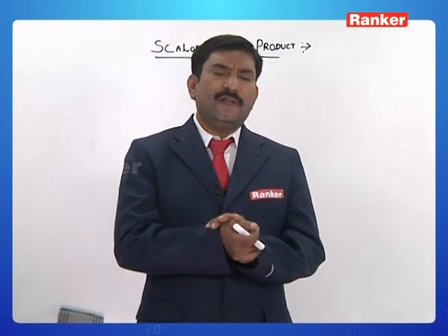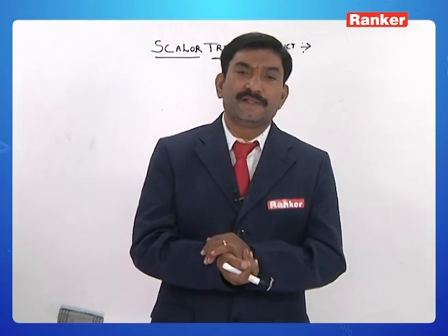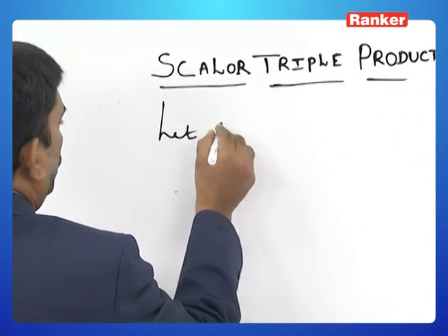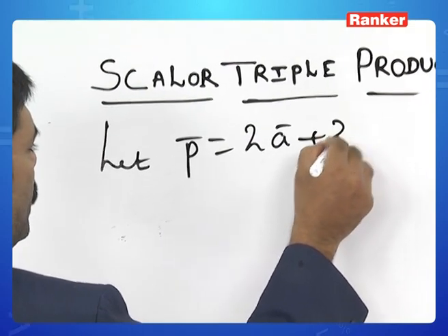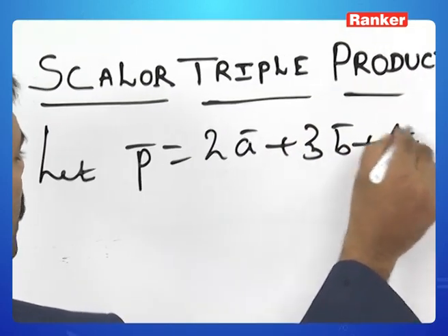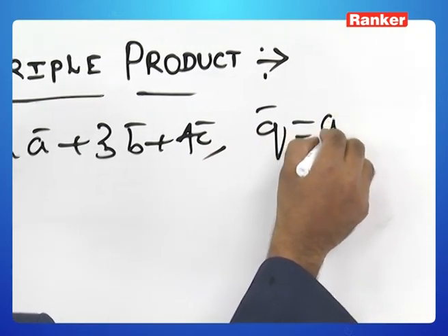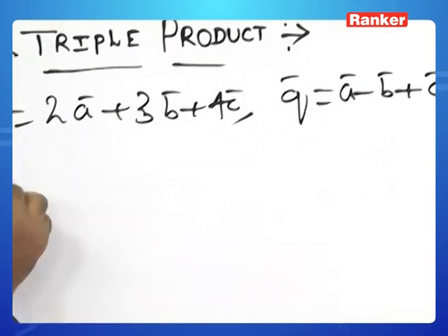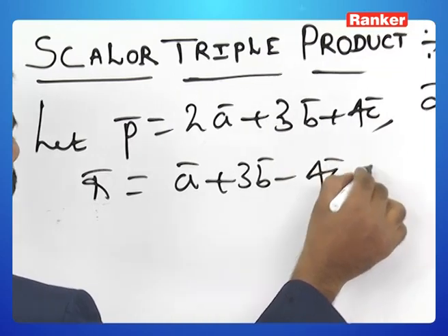Let us recall the definition by giving one vivid example. Let P bar be equal to 2A bar plus 3B bar plus 4C bar. Next, Q bar is equal to A bar minus B bar plus C bar. R bar is equal to A bar plus 3B bar minus 4C bar.